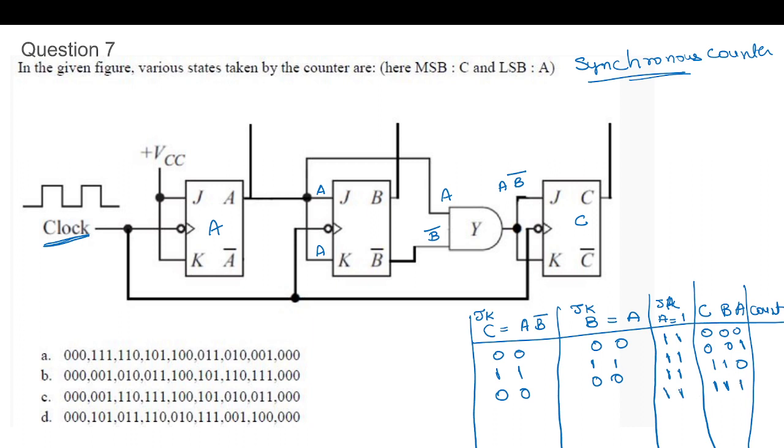Next, A is 1, so B's input is 1, 1. A and B bar is 0, 0. So C will retain the state, B will toggle, A will also toggle. This is 1, 1. A is 0, 0. And A, B bar, so 0 and 1. So again 0. So this will retain the state, this also retains the state, this will toggle.